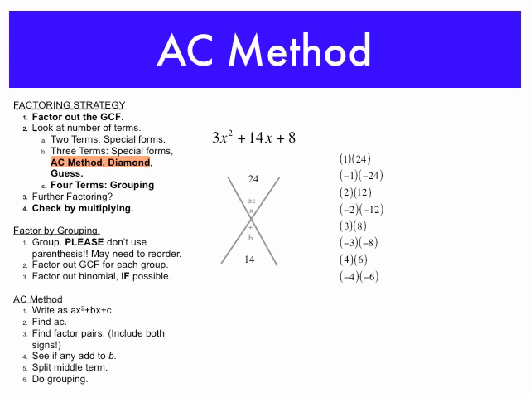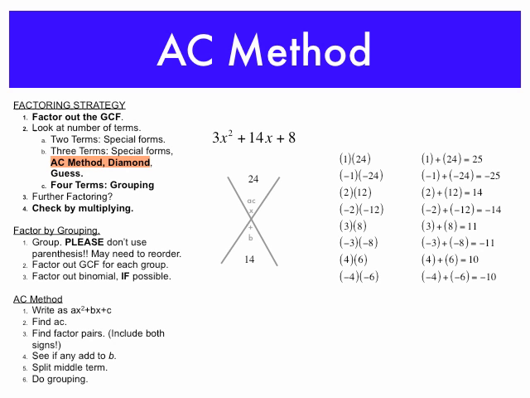It could be 1 and 24, negative 1 and negative 24, nope. 2 and 12, nope, no way to get, oh wait, 2 and 12. That one gives me 14 right there. So if I put a 2 here and a 12 there, 2 times 12 is 24, 2 plus 12 is 14. That's how I know how to split my middle term. So that's how I know to take 14x and write it as 2x plus 12x, or 12x plus 2x.